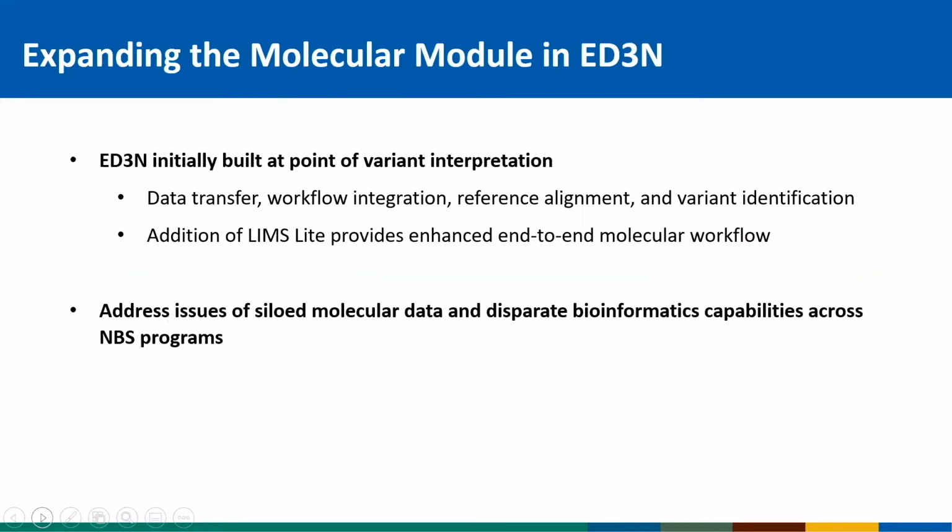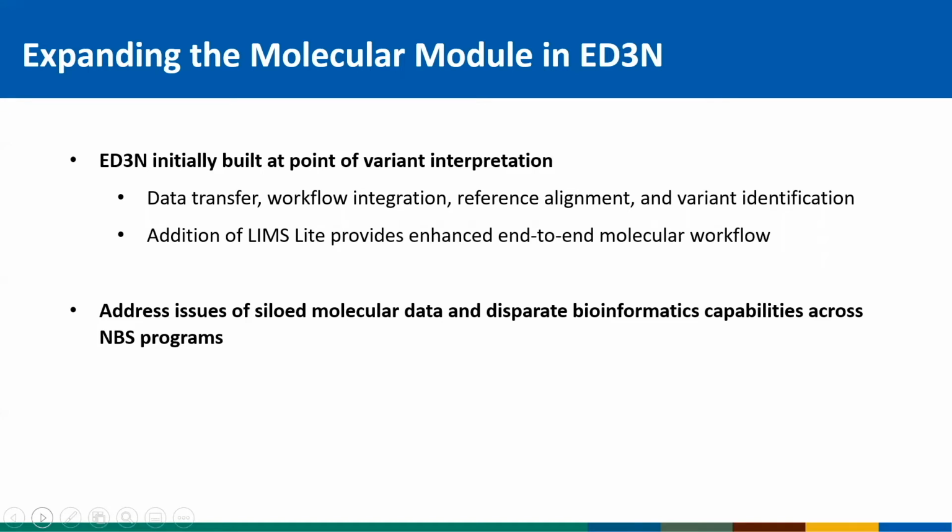As I indicated on the last slide, when we first began our development of EDN, we started from the point of programs having done their sequencing and having identified any variants. So really at that point of having a variant call file. What this meant was that the EDN platform was coming a bit downstream of the complete sequencing workflow.